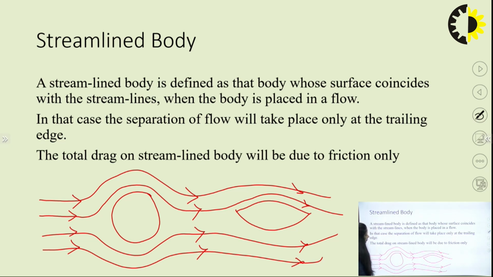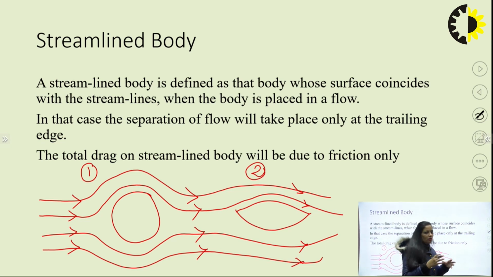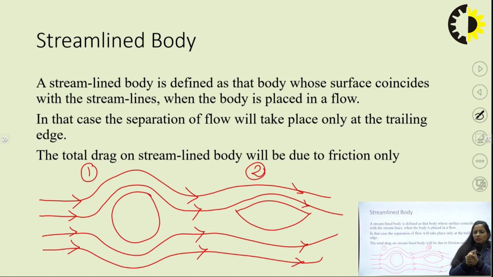So just see object number 1 and object number 2. Streamlined bodies, that means what? How smoothly, without much loss of energy, can the flow lines pass over a particular body. So just take an example of these two bodies.